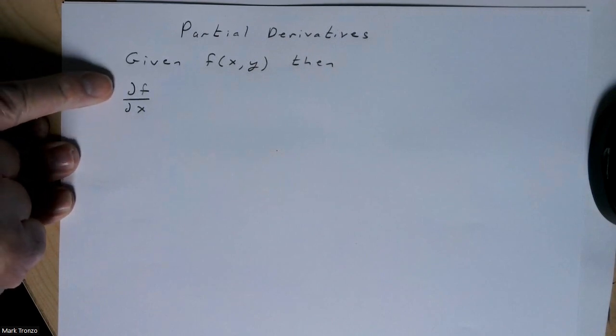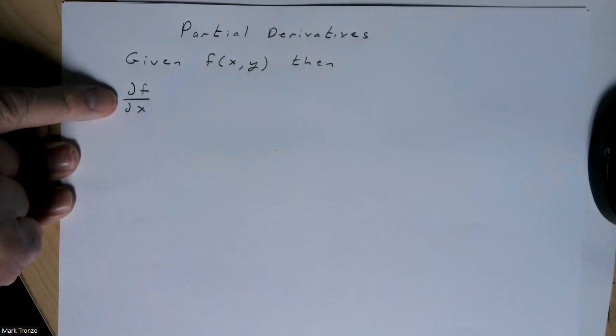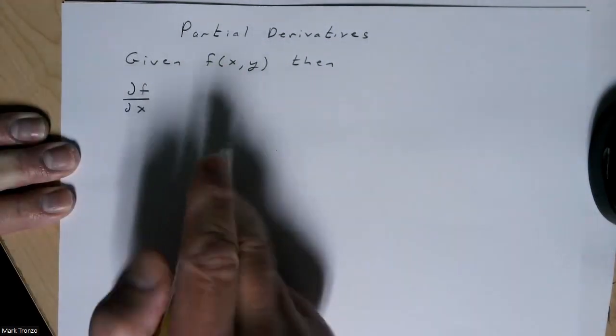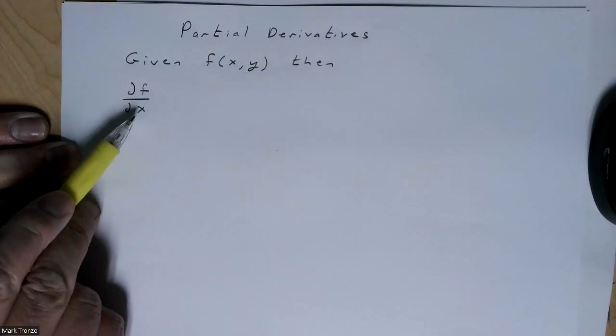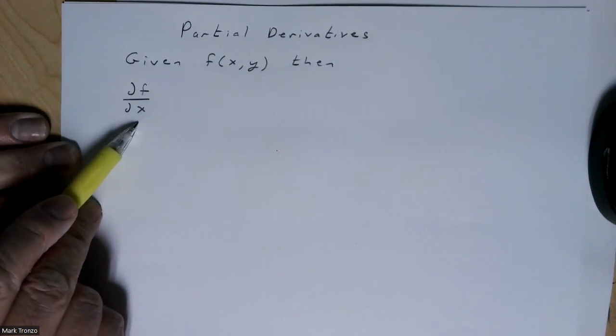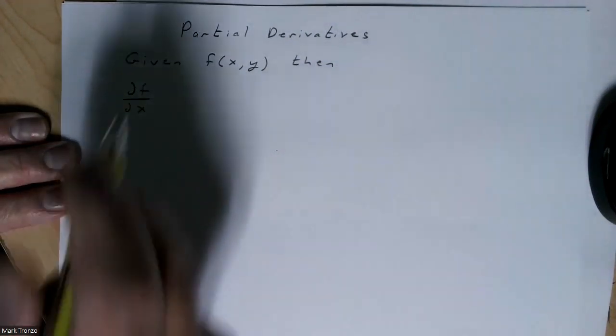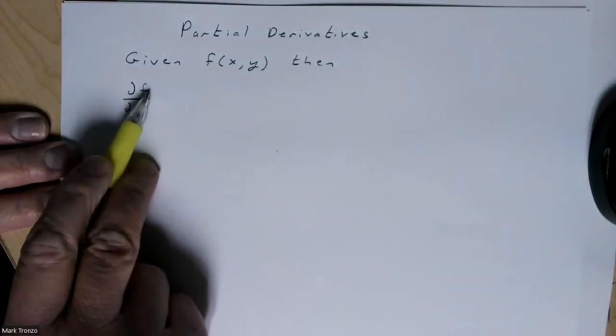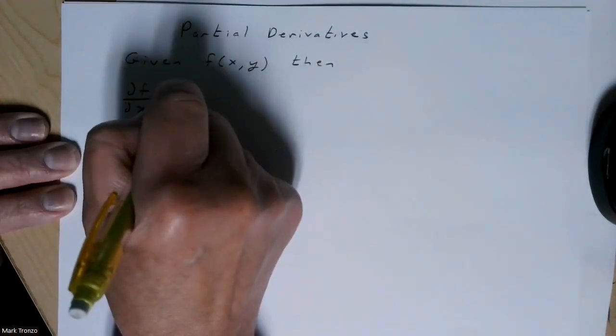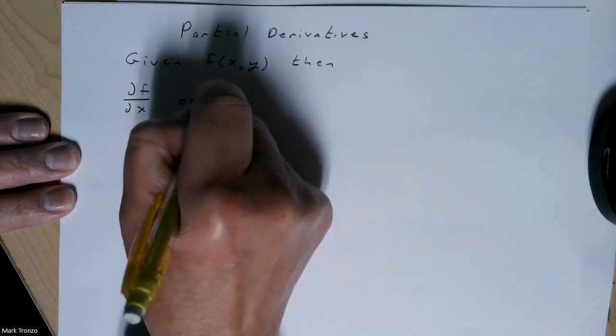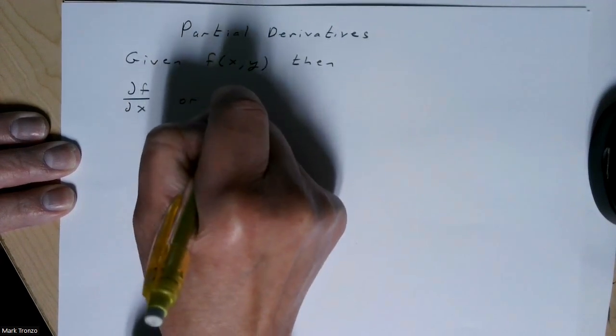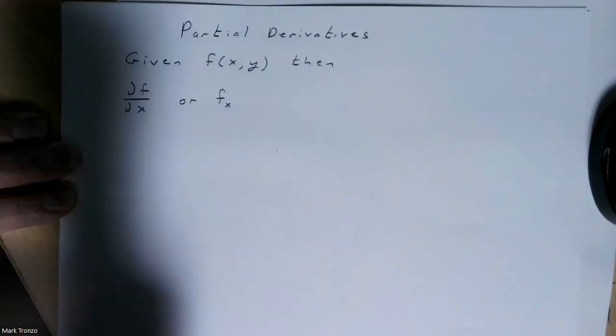It's a little bit different. But this symbol represents the partial derivative, which means you have more than one variable, but you're taking the derivative with respect to one of those variables. And so it can be represented df dx, or it can be represented by f with a small x here.